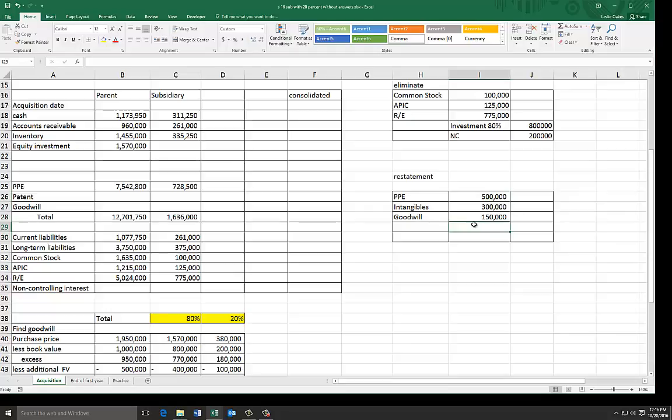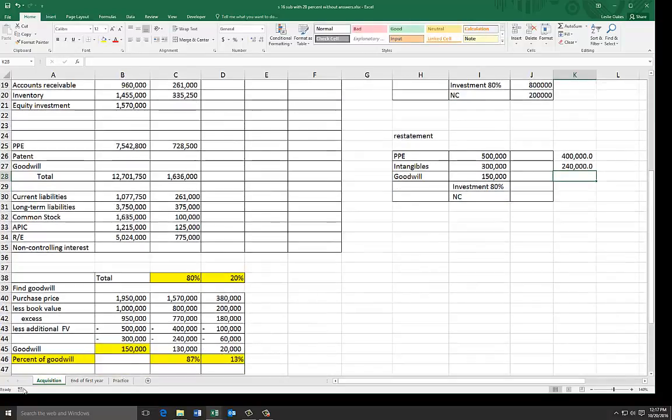But we now have to divide them between the equity investment that the 80% of the parent owns and the non-controlling portion. But we cannot just use the 80%, 20%. Instead, we're going to take the 500,000 and multiply that times 80%, plus 80% times that 300,000.